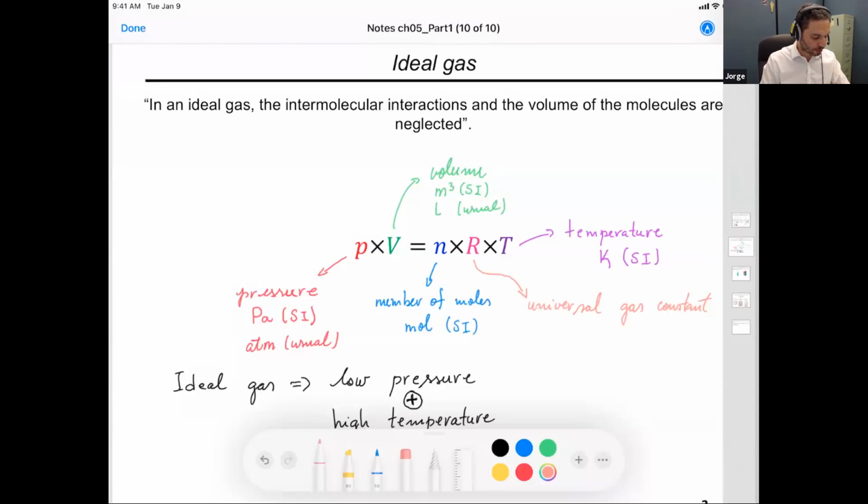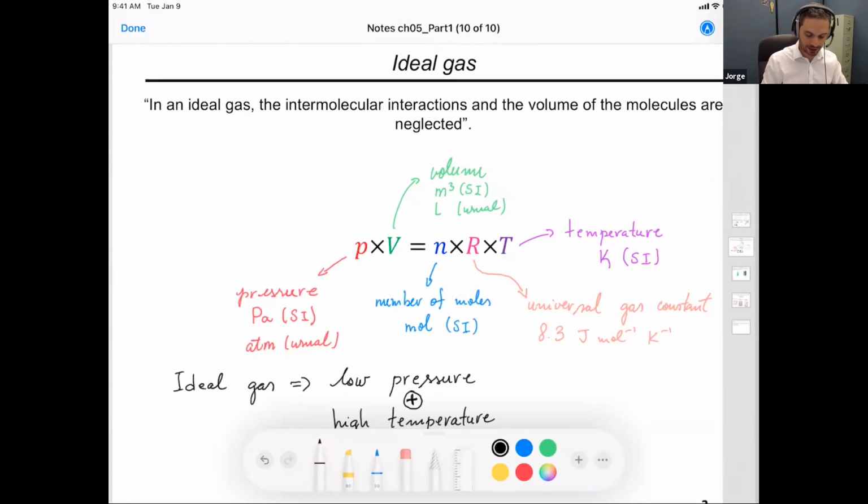For the universal gas constant, it can show up as 8.3 joules per mole per Kelvin. Okay?